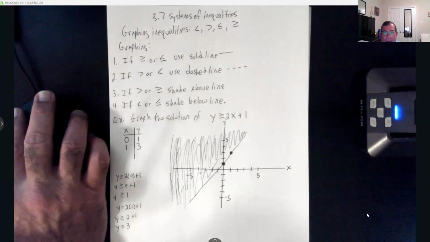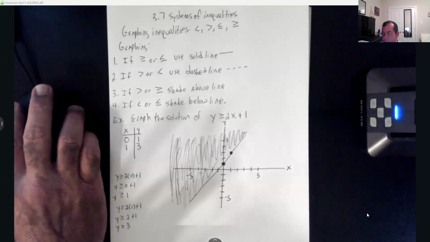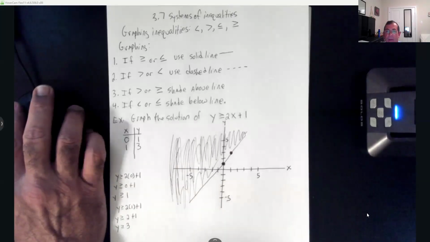Now I'm going to pull up MathLab real quick on my end and start working some of these and showing you how to do these in MathLab.